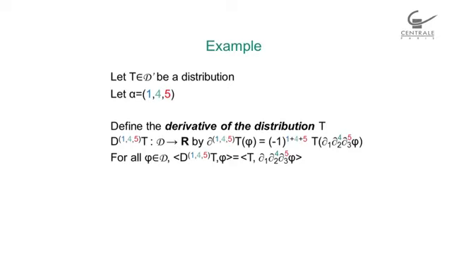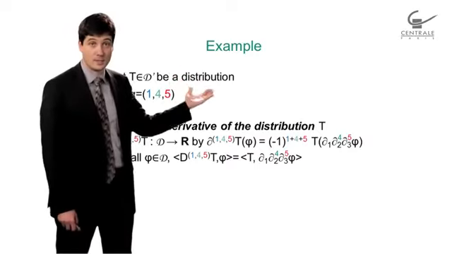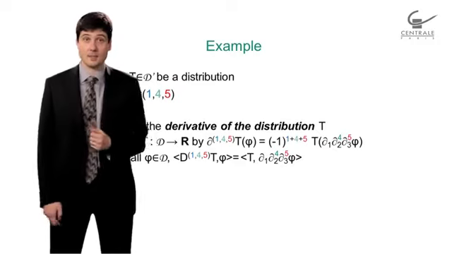And so when you compute the derivative of the distribution, you apply this derivative to phi, and that is the same as applying the distribution to the derivative, and there is no negative sign because negative 1 raised to power 10 is 1. So I hope this helps you understand how you use these multi-index notations.